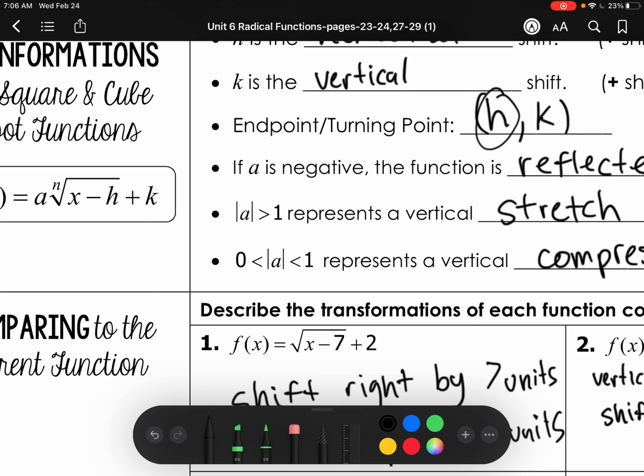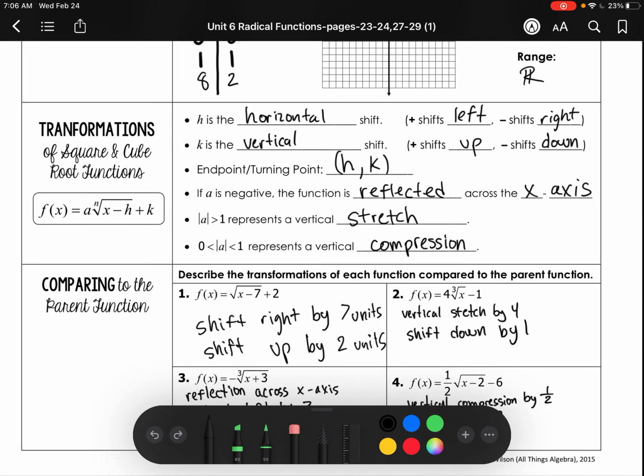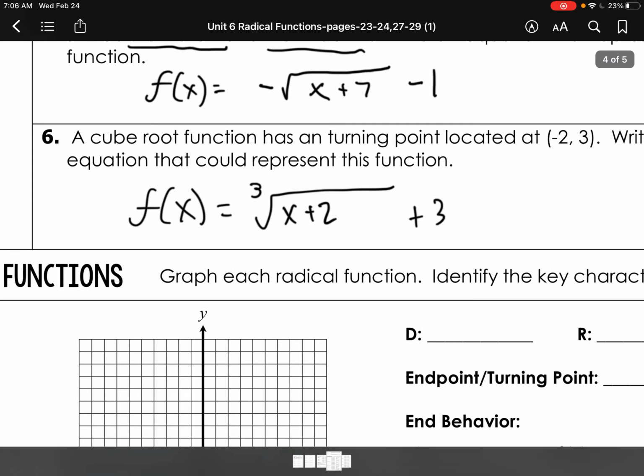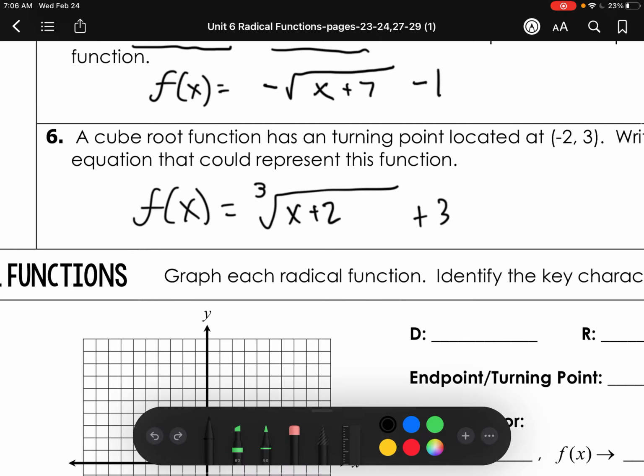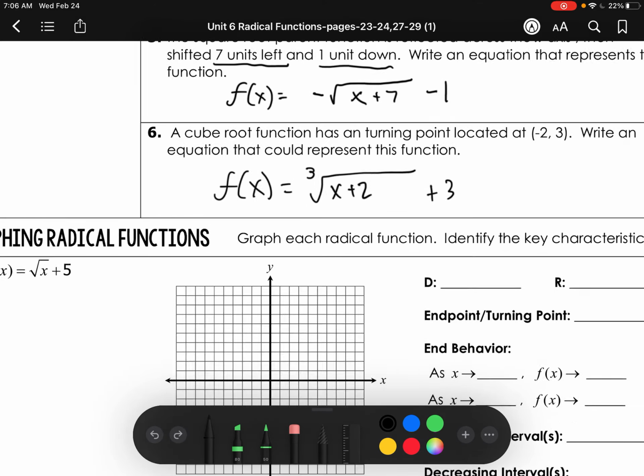If the point h is positive, in the function it's negative, and if in the point it's negative, in the function it would be positive. So over here, the point was negative, so that means that this has to be positive. So that's why it's x plus 2.